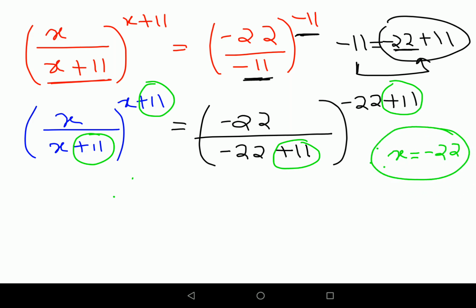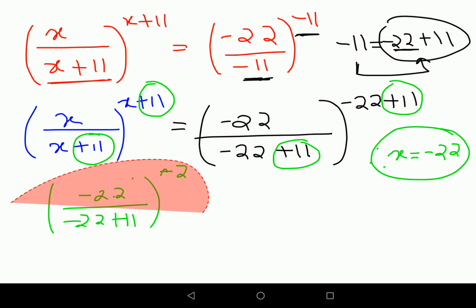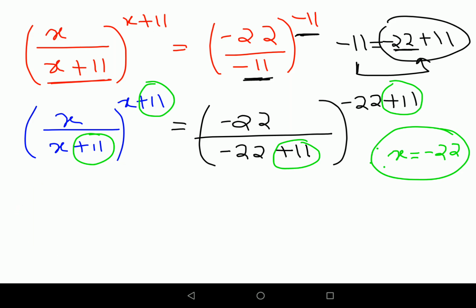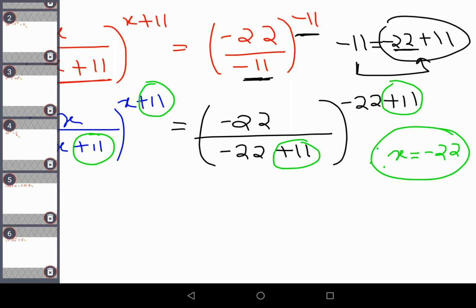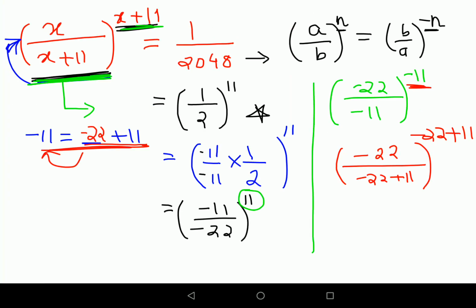Okay, now let's try and write this over here. So we have minus 22 upon minus 22 plus 11. Sorry, instead of doing all of this, let's just solve this further. We'll see whether we are getting this particular value, 1 upon 2048, sorry, my bad, 1 upon 2048, if we are getting.